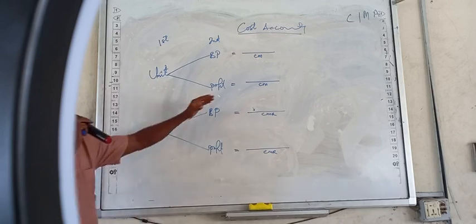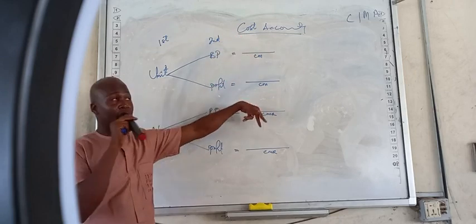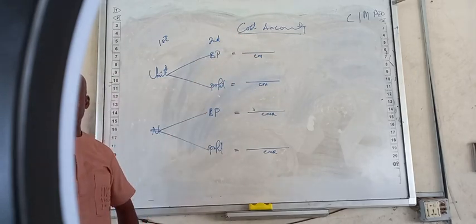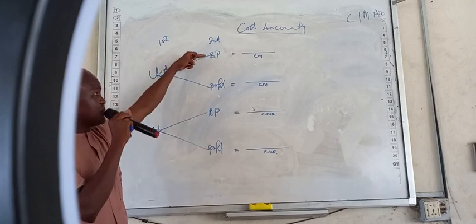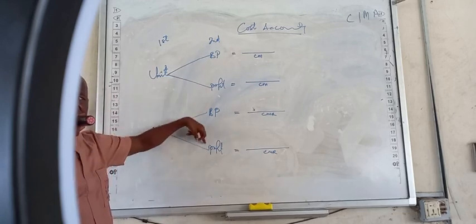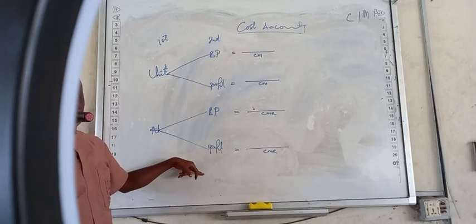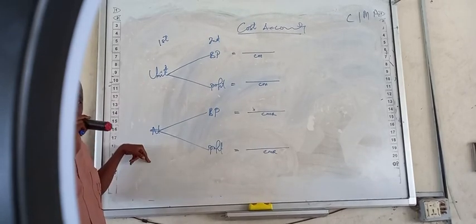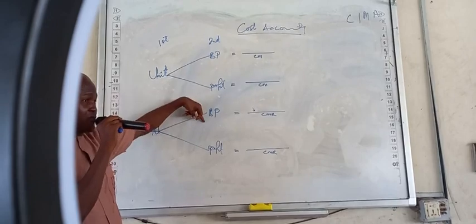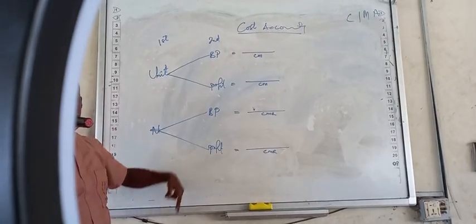So if I want to know the numerator, what will be up? I'll ask myself the second question: is it to break even or to make profits? Either it is naira or units. It's either I want to break even or I want to make profits.